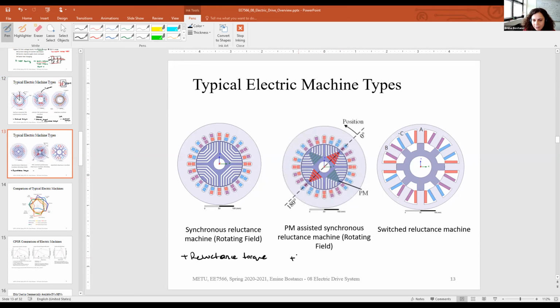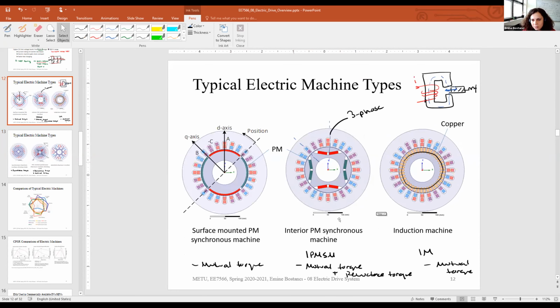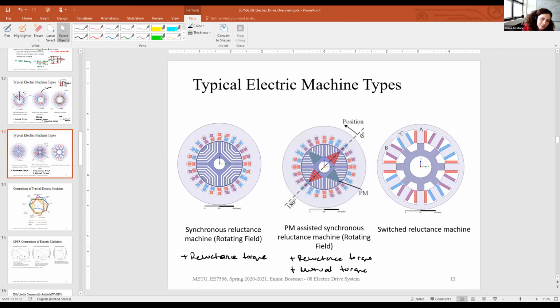And here you are going to have a high reluctance torque and a low mutual torque. Actually, this middle configuration is very similar to the middle configuration here, but in this case, you have more magnets and less reluctance torque. Here you have more reluctance torque and fewer magnets. This is the basic difference.